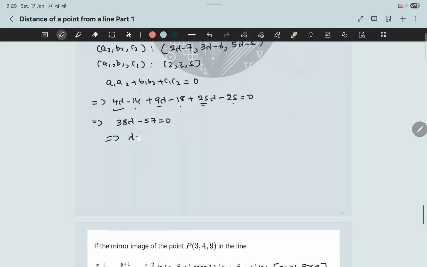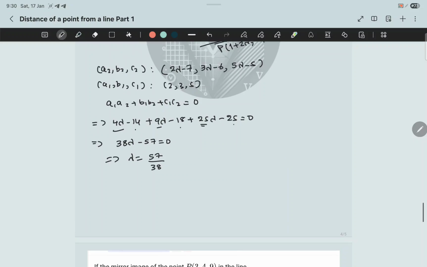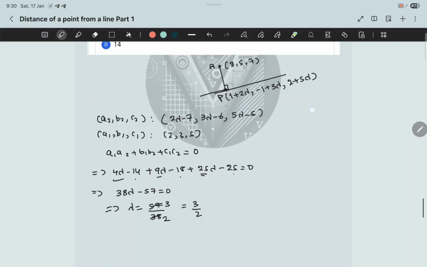So ultimately we get lambda is equal to 57 divided by 38. 19 times 2 is 38, 19 times 3 is 57, so we get lambda is equal to 3 by 2.